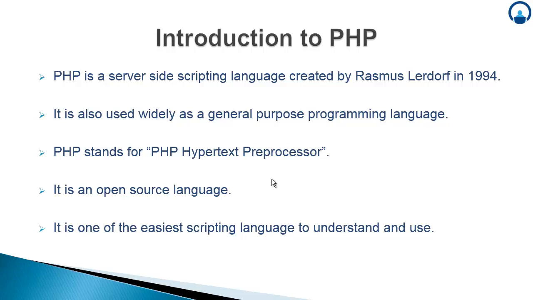That is, PHP was first created by Rasmus Lerdorf in 1994, and currently it is an open source scripting language. Open source in the sense people can use this particular software without paying any charge. It's completely free to download and use, and also it is one of the easiest scripting languages you will ever come across for performing your operations or for using it for your web applications.